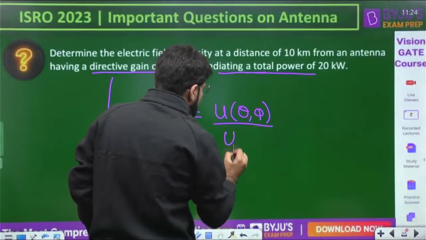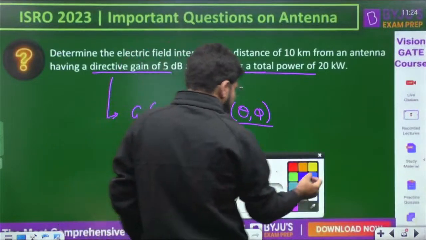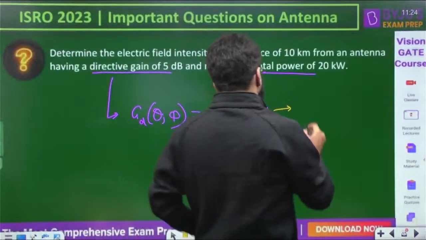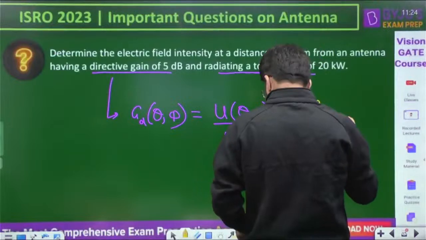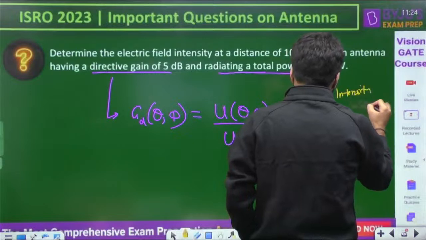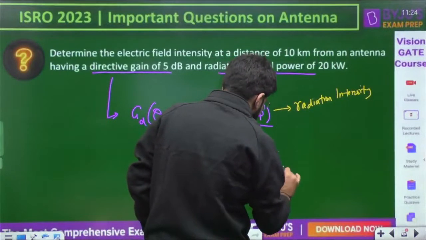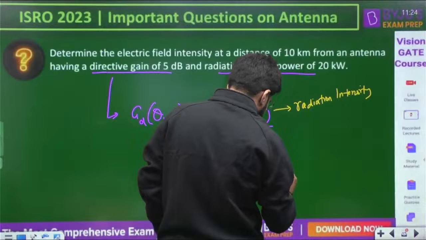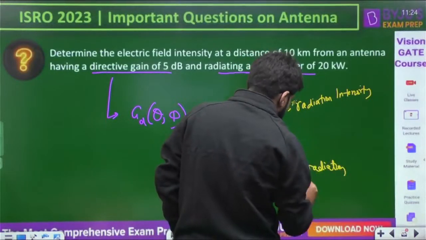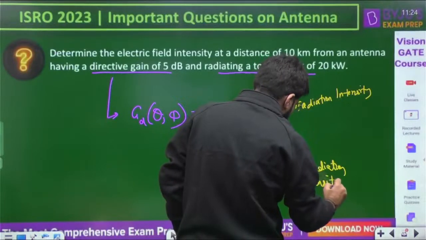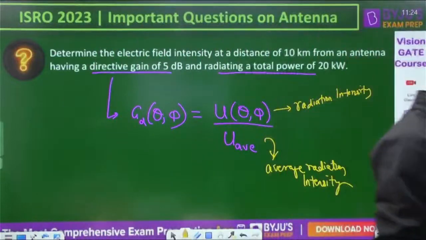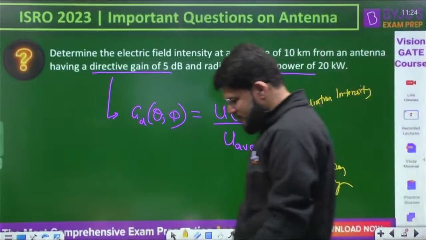U theta phi upon U average. Now what is this U theta phi? This is known as radiation intensity, divided by the average radiation intensity.